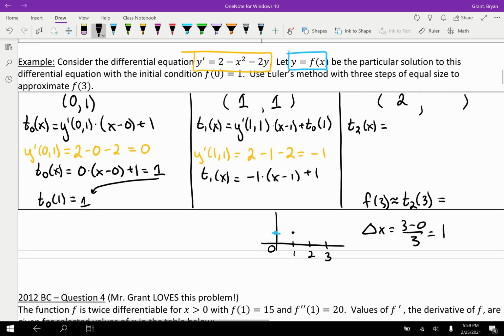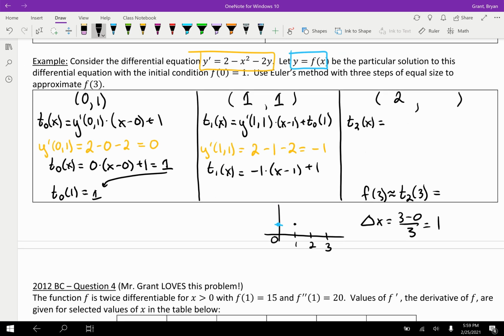All right, let's move on to our last tangent line. So now what we've done is we had a tangent line here, and now we have a new tangent line from the point 1, 1, which is going in a downwards direction. And so now we're going to build a third tangent line from 2. And so to build our third tangent line, we need a slope.